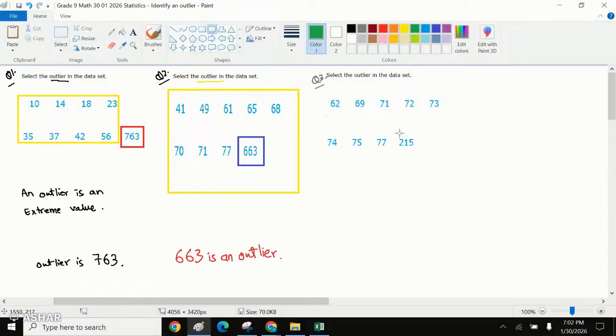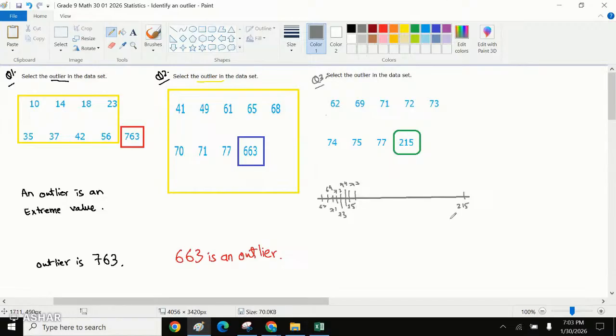Can we say that 215 is an extreme value? How? If we draw a number line, and say this was 62, this was 69, this was 71, 72, 73, 74, 75, 77, then 215 would be way far from the given information, right?